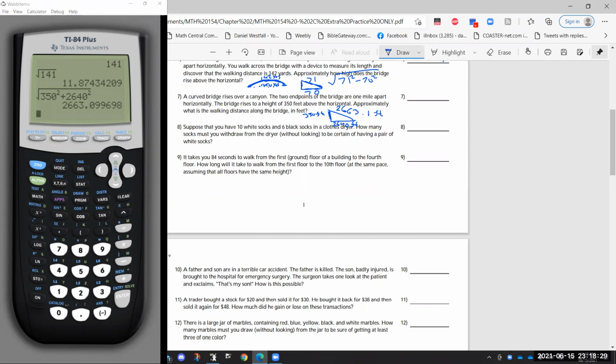And then it says the walking distance, so I want to double this because that's only half of the distance you'd walk. So this is going to be roughly 5,326.2 feet that you'd walk across the bridge.